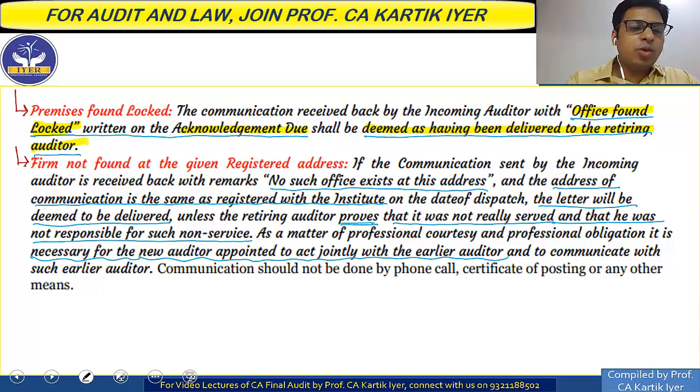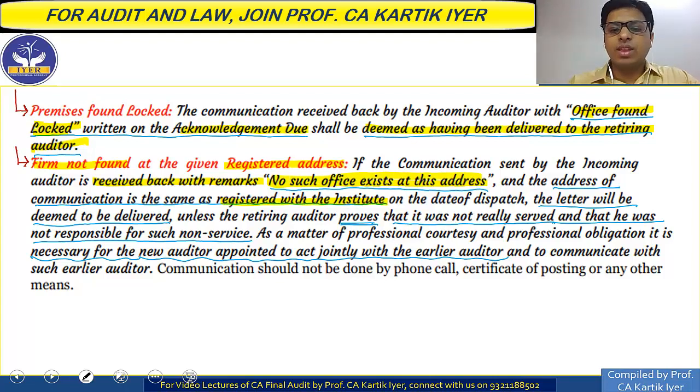Now, firm not found at the given registered address. It is possible that at the registered address with ICAI, when we try to communicate, the firm is not found. Basically, they must have shifted or they must have just closed down. So if the communication sent by the incoming auditor is received back with remarks such as no such office exists at this address, and the address of communication is the same as registered with the institute, so basically we have sent it to the right address, but the reply came as no such office exists at this address.